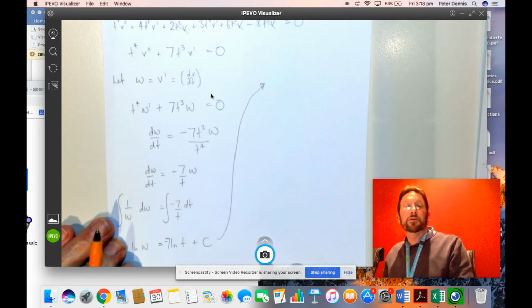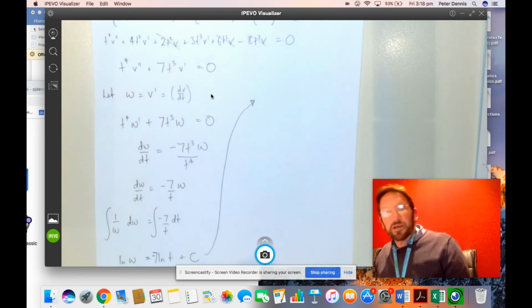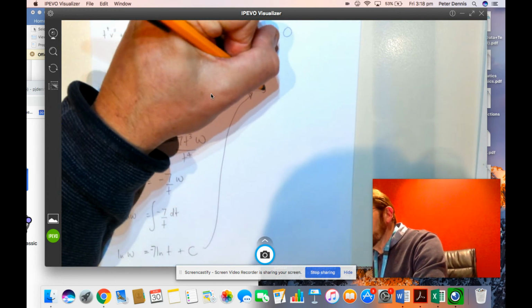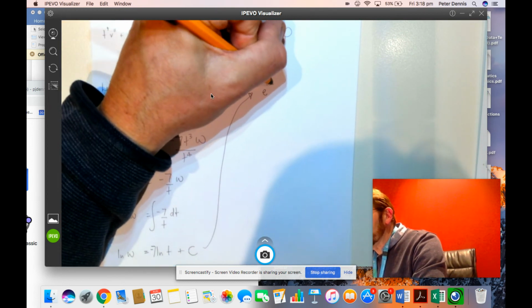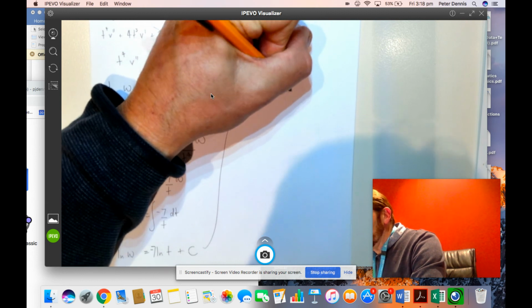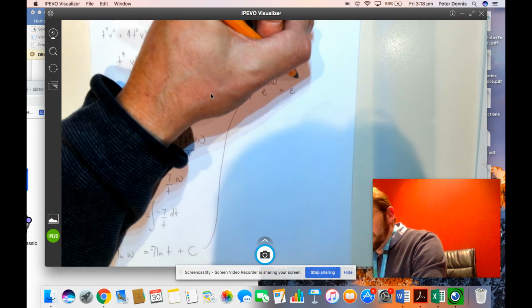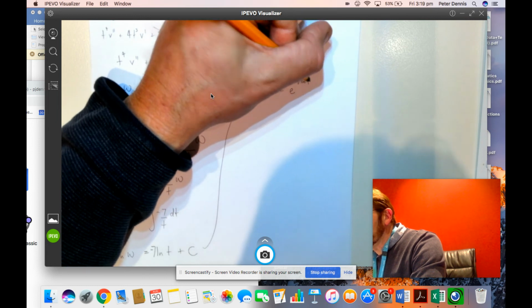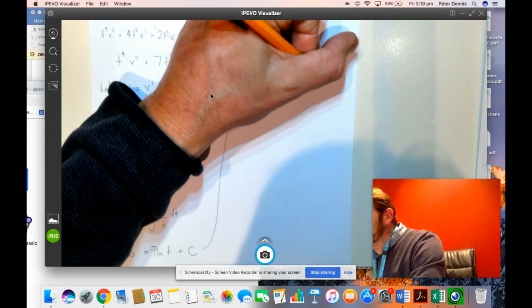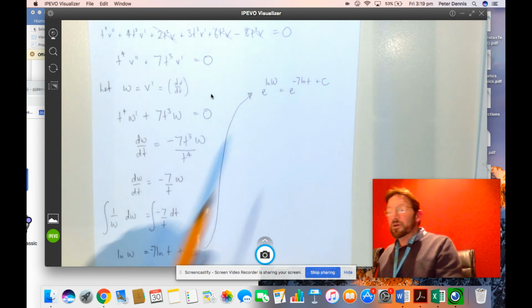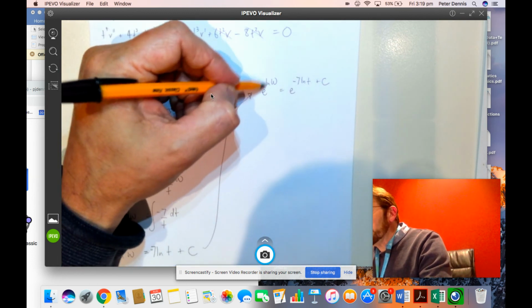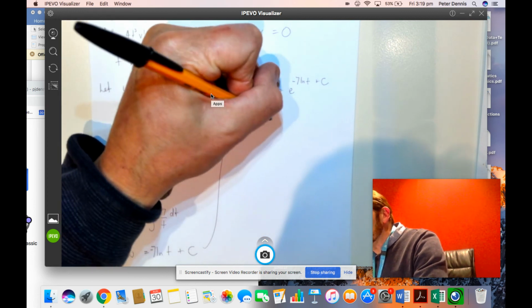Let's go up here, and what do we do next? We want to get rid of these logs, so we're going to put everything to the power of e. So e to the power of log w equals e to the power of minus 7 log of t plus c. They just cancel out to leave w. This is what we want.